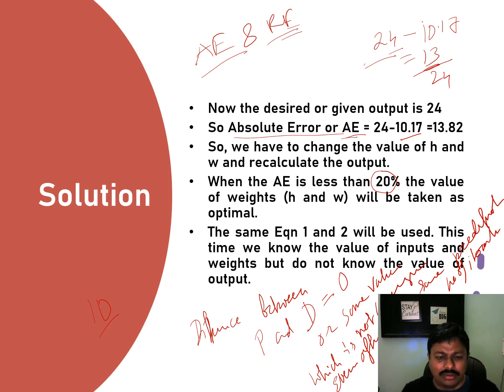Now, sometimes we can take 100, sometimes we can take 5. It is up to you. There is no mandatory rule that you have to take 10 iterations or you have to take 100 iterations. It is solely upon you. If you want to wait up to 10, okay. If you wait up to 100, then time required will be more. If you want to wait until 5, then time required will be less.